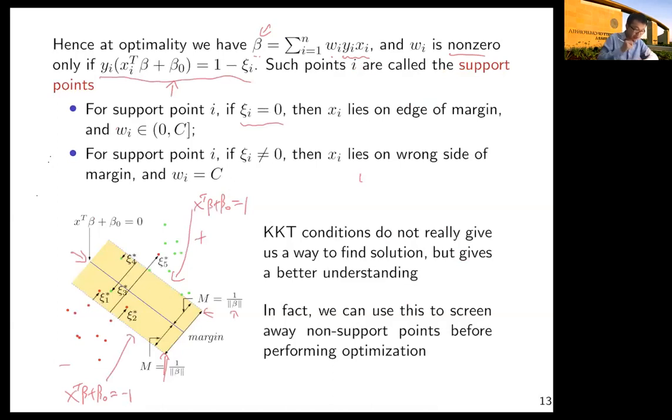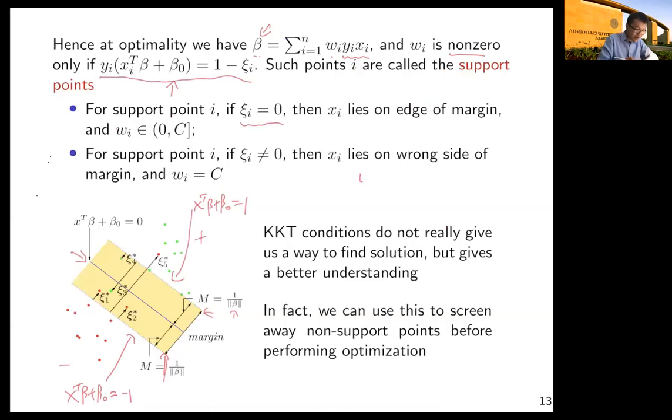These are given by these hyperplanes. And psi equals 0 says that xi sits right on this edge of the margin. Also, this other dual variable wi is strictly positive by complementary slackness.